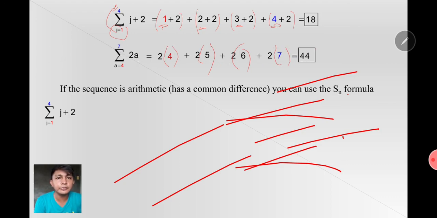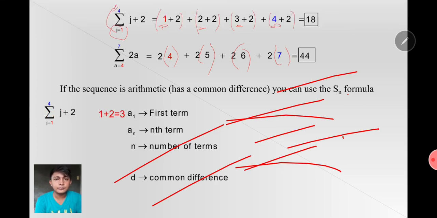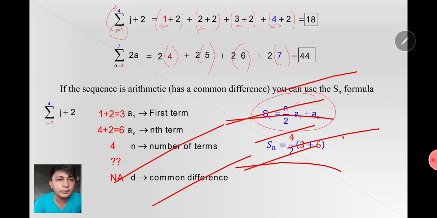So we have 44. Okay. So, to find the sum, we can use the formula. The n, ito. Okay? So, we get 2 times 9, we have 18. So, ayun siya.